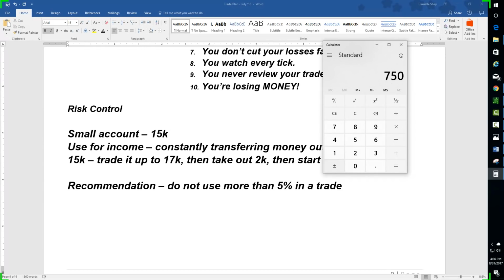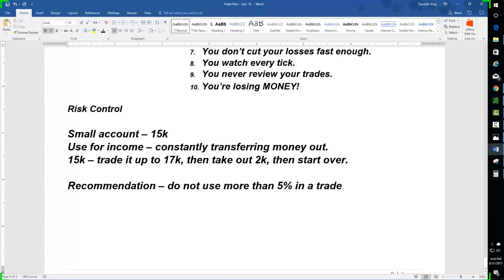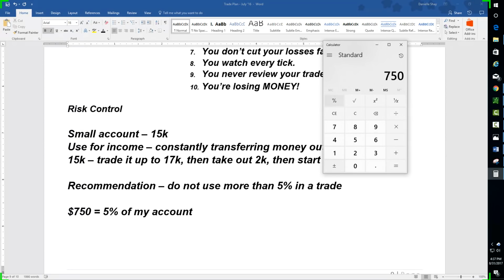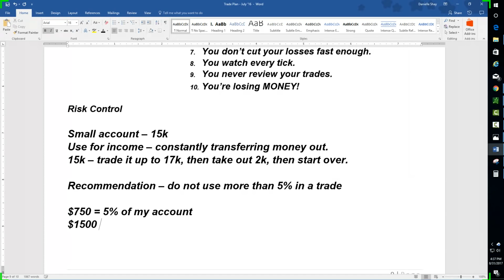That's going to be $750. $750 equals 5% of my account. So what if I go up to 10% of my account? That's going to be $1,500 equals 10% of my account.